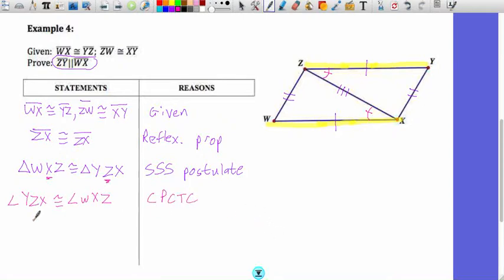This in turn allows us to make our final conclusion that segment ZY is parallel to segment WX, and that is because alternate interior angles congruent implies parallel lines. Okay, and that concludes the final example.